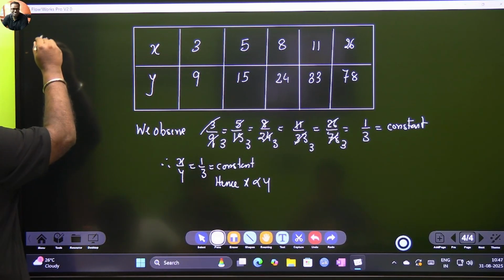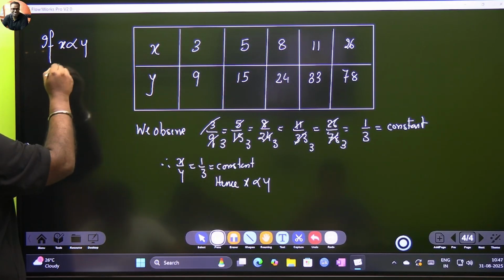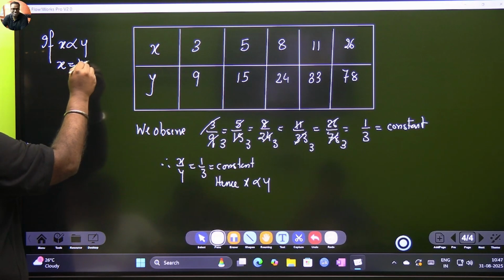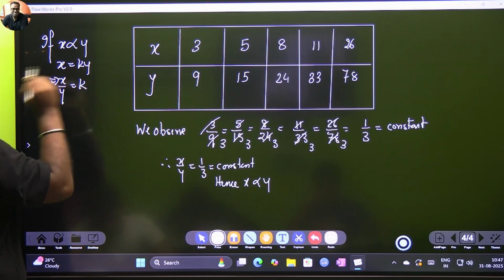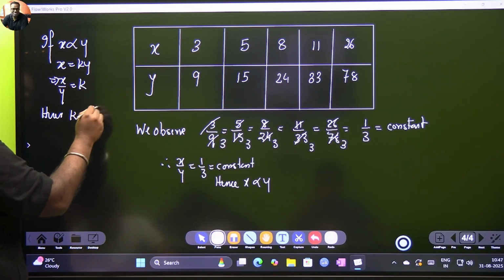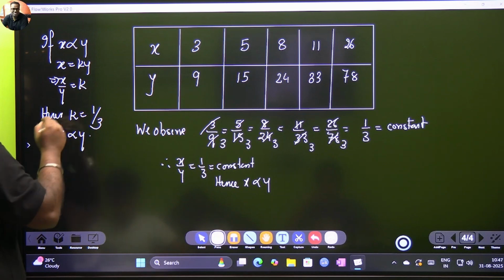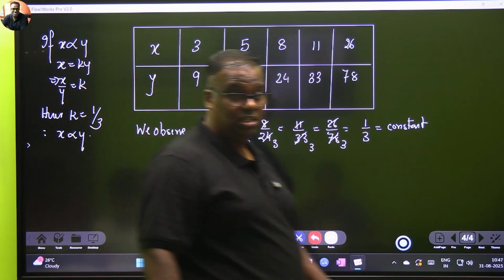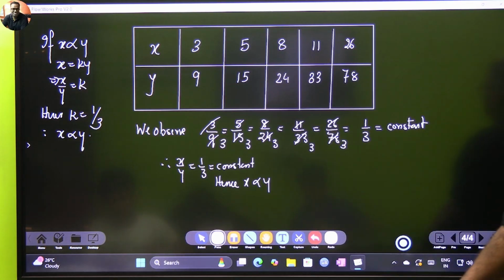That if x varies directly with y, x should be equal to ky, or x by y should always be a constant k. Here in this problem, k is equal to 1 by 3. Therefore, x varies directly with y. So many ways you can write. Understand the logic, don't try to just copy, just understand. Have we understood the problem or not?